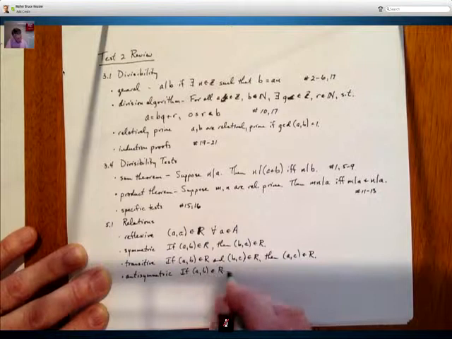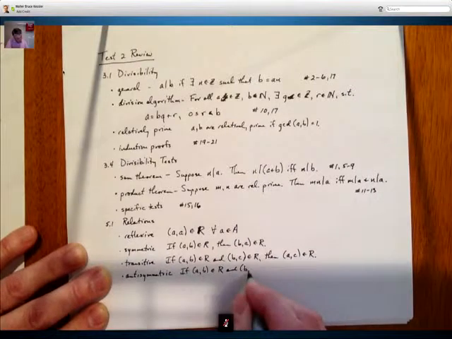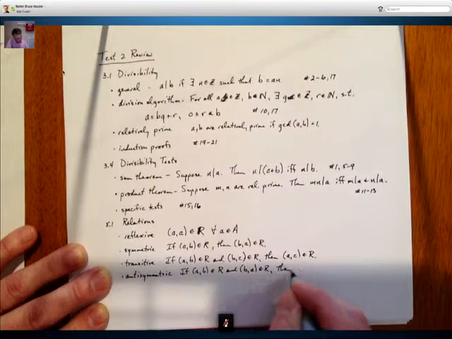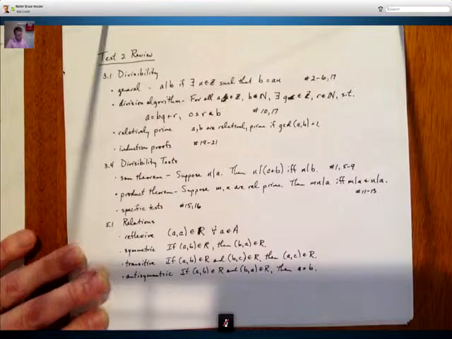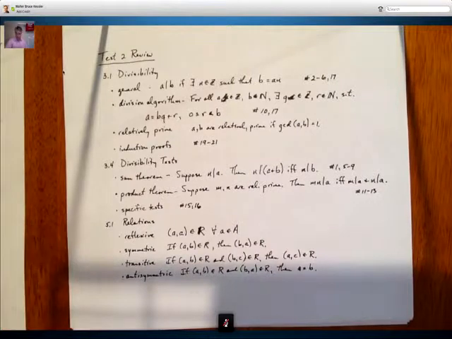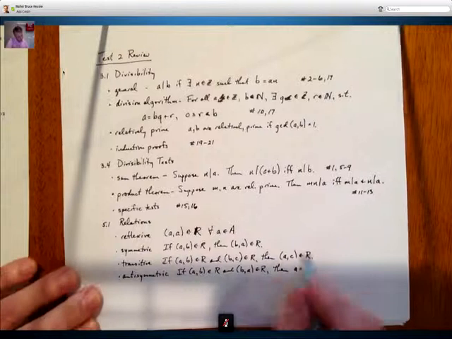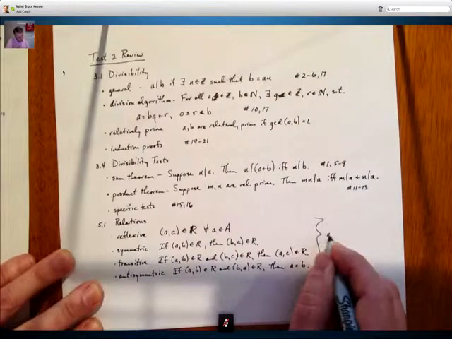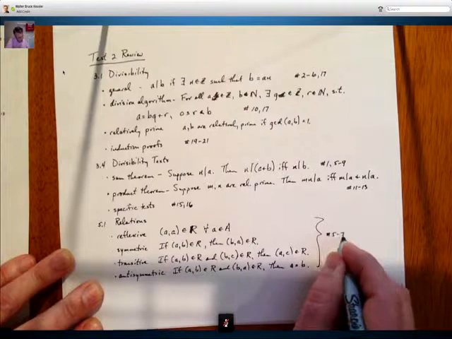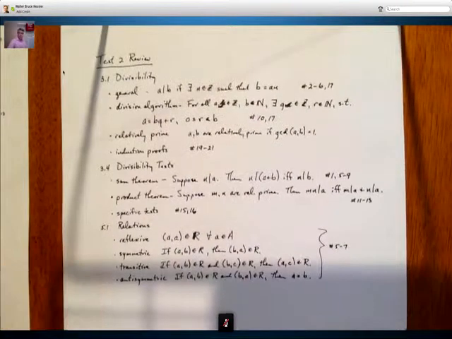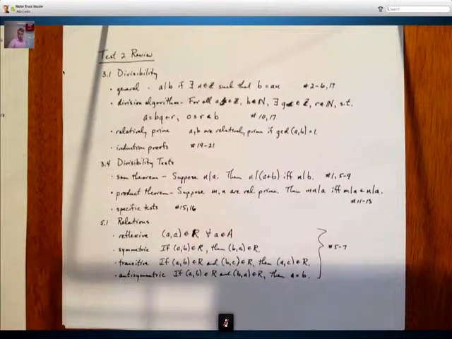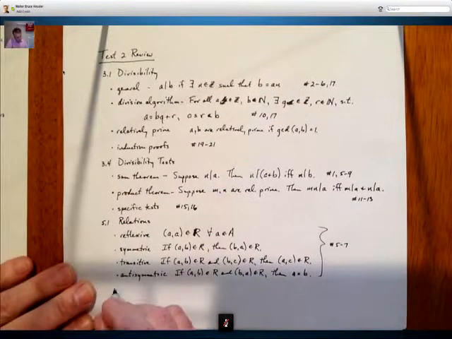If (a, b) is in there and then also (b, a) is in there, then a and b have to be equal. Okay, that's what we mean by antisymmetric. We did all these kinds of things in problems 5 through 7. So I could do that on the test. I could say, here's a relation, tell me does it have these properties?